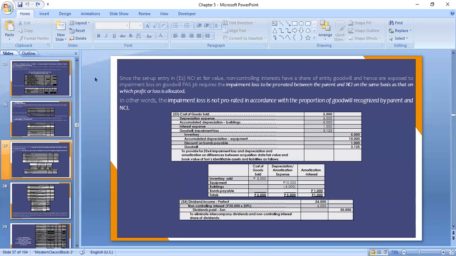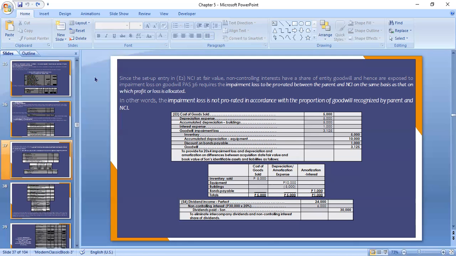Okay, so we now finally debit dividend income of the parent, debit to non-controlling interest for 6,000, and credit dividends paid by the subsidiary in the amount of 30,000.